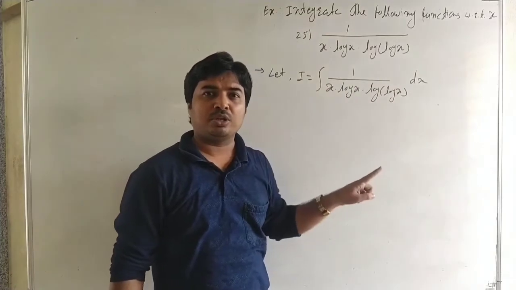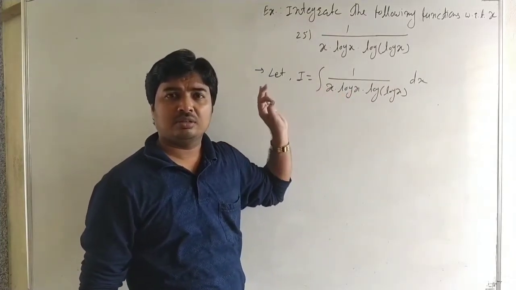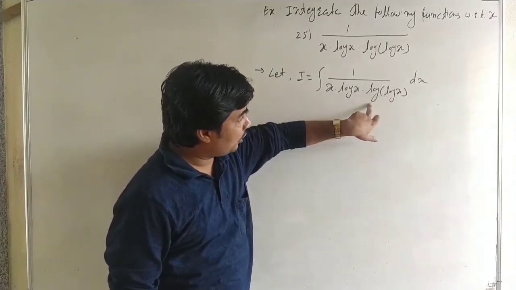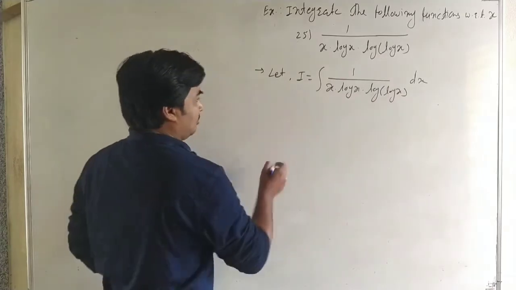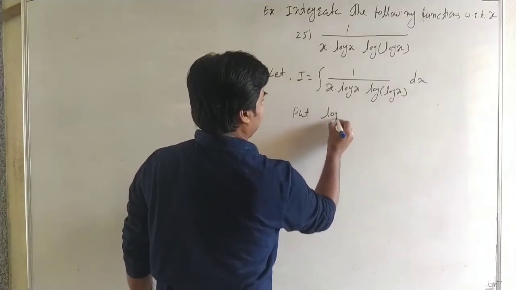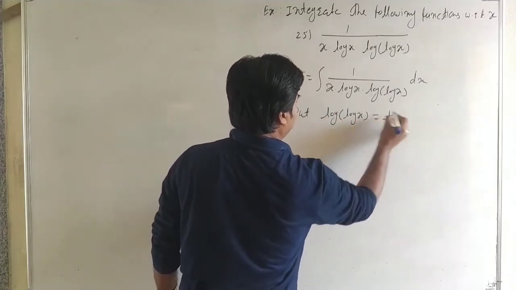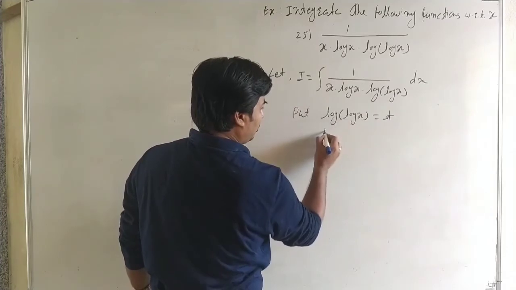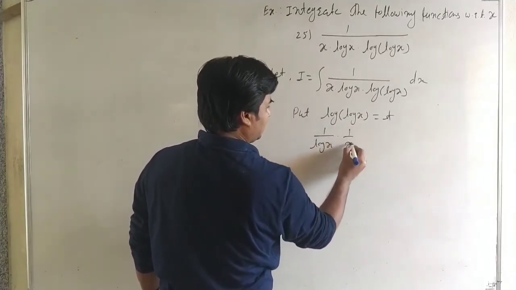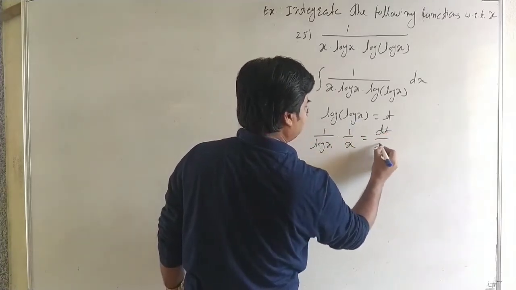If we put log x equal to t, then after substitution we will not get the function in a standard integral form. Here we put log of log x equal to t. Then the derivative of log of log x, by the composite function rule, is 1 by log x into 1 by x, so dt by dx.